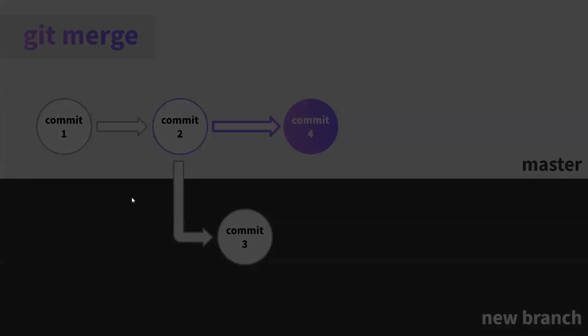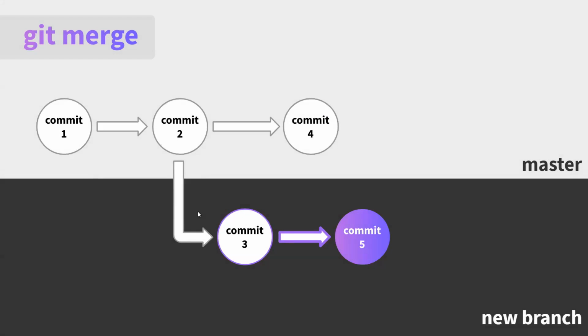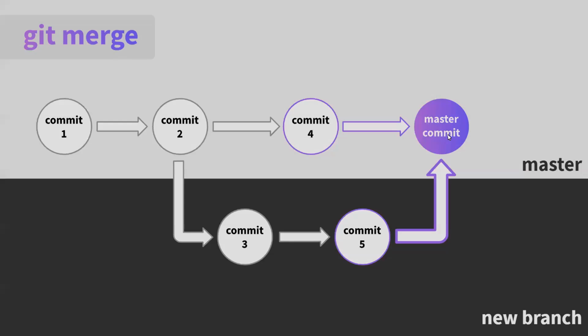And then some other commit 5, maybe we wrote the tests for a feature and in 3 it was only the implementation. So when we merge it in, it's going to take these commits, create a new commit, and then all of the changes implemented here will be reflected in the master merge commit.